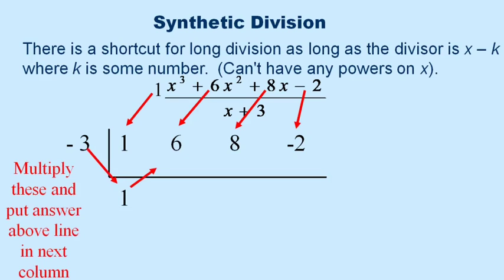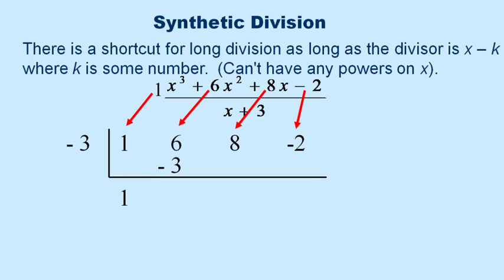After that, we multiply minus 3 and 1, and write the product in the next column, just below 6.